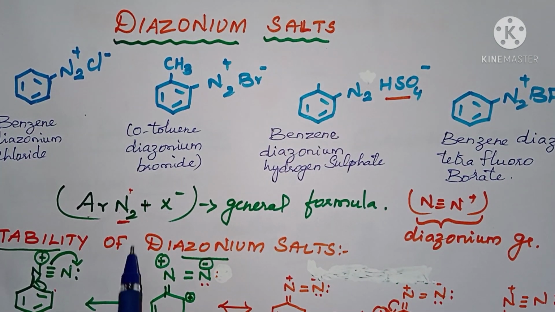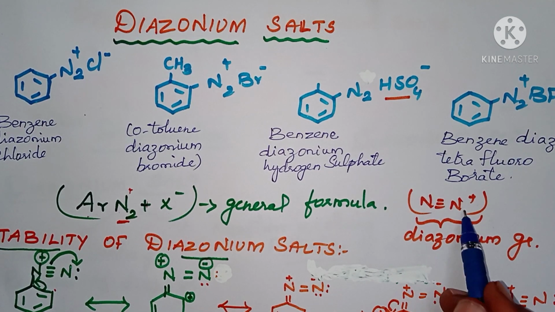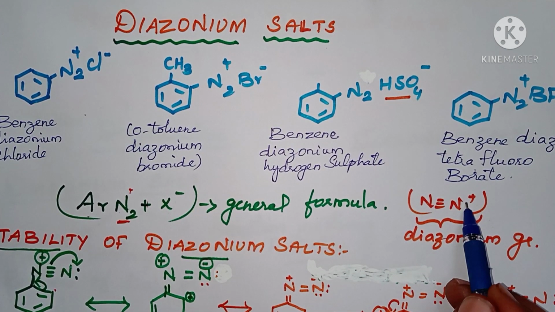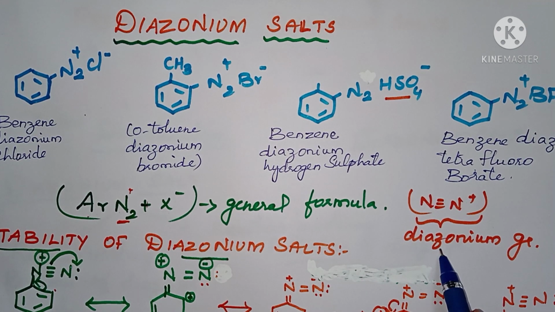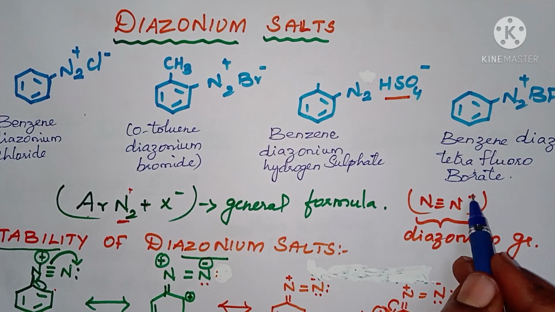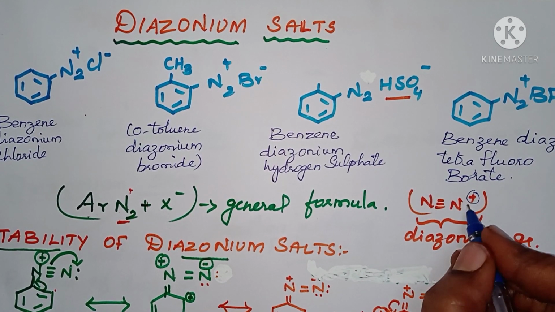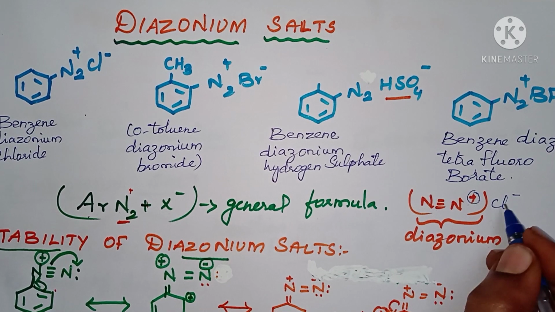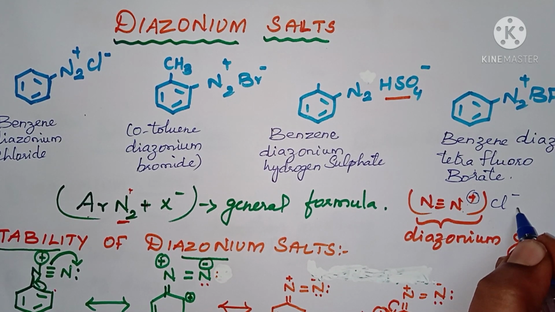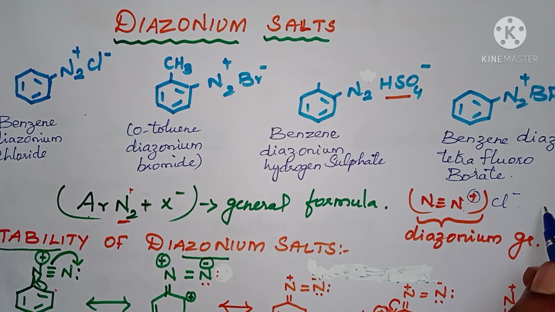Okay, now next one, nitrogen triple bond will be available, that you might have known already. So this is a diazonium group. Diazonium group means N triple bond N, here plus. Why is it plus? Because of Cl minus. So this is a positive charge, and this is a negative charge. Combined together you will get a salt.